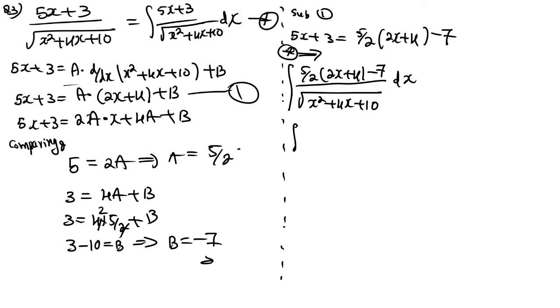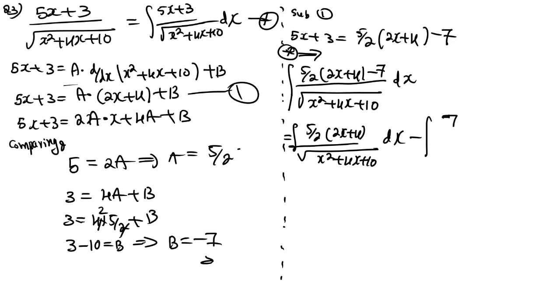One is integration of 5 by 2 into 2x plus 4 divided by square root of x square plus 4x plus 10 into dx, minus integration of 7 divided by square root of x square plus 4x plus 10 into dx. Take the first one as I1 and the second one as I2.